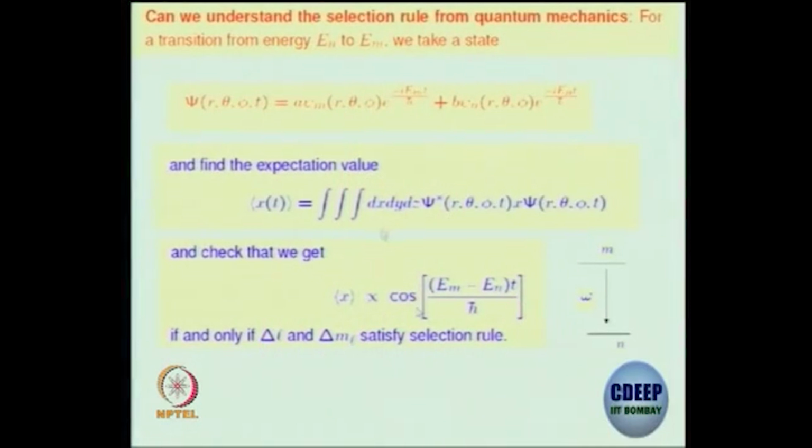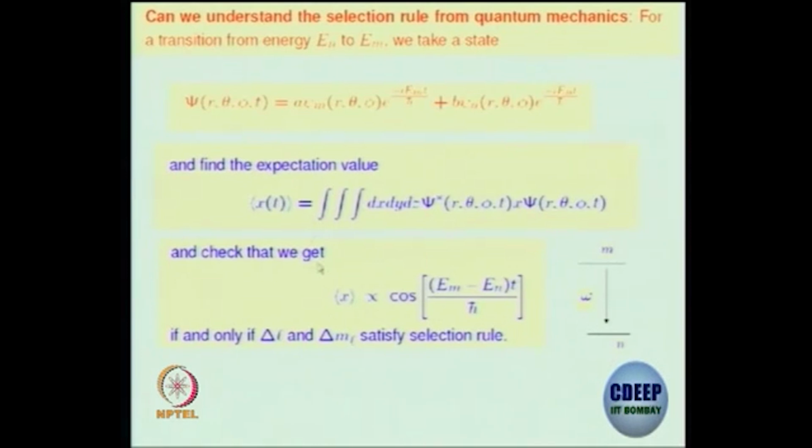The expectation value of x will be independent of time if the state was a stationary state. Is that right? If the expectation value is going to be dependent on time, that time dependence is going to be an oscillatory function of the difference between the energy levels. This kind of tells you something.